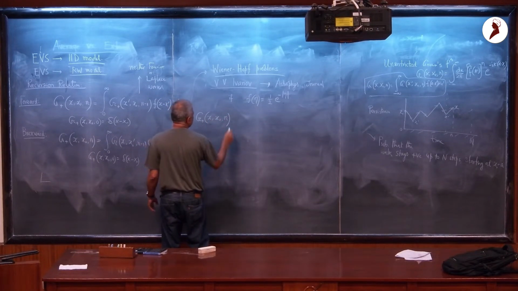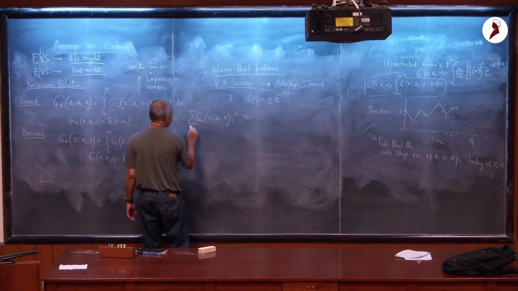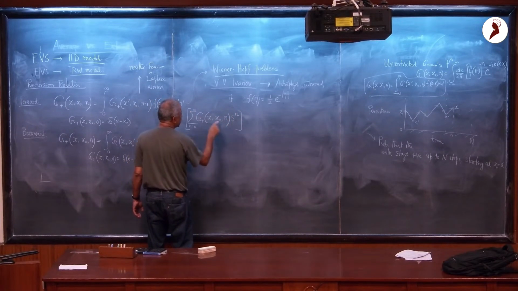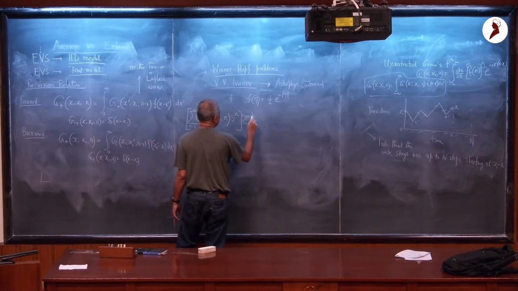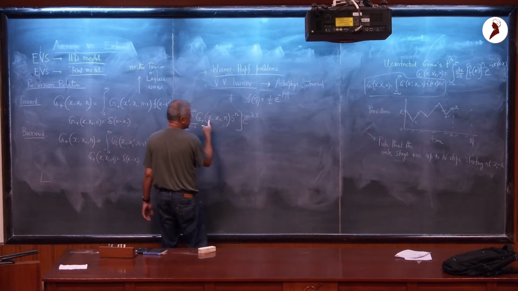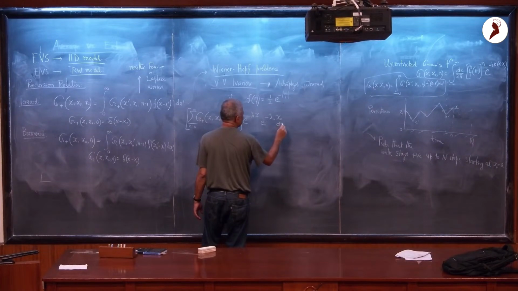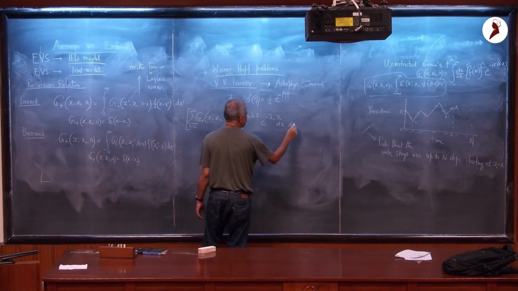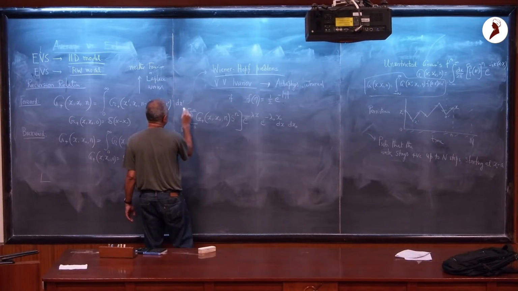I first take the generating function of this with respect to n, and then you take a Laplace transform with respect to x, the final position, and then I take a Laplace transform with respect to the initial position, and I integrate over all final and initial positions. So it's a function of 3 variables.